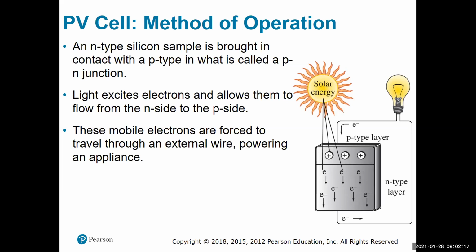Because on the N side, we have the extra electrons, and they want to move to the other side. And as these electrons move through that junction, that's how you get your energy.